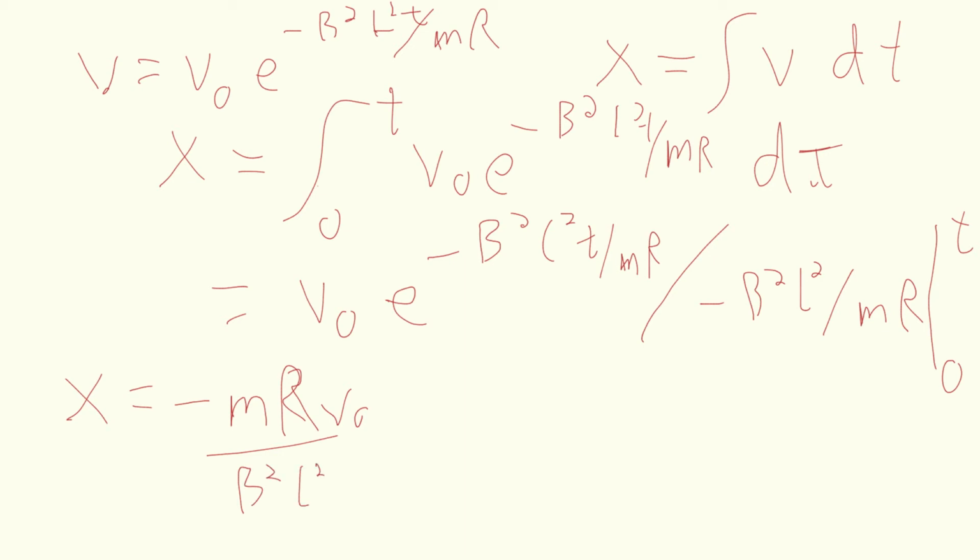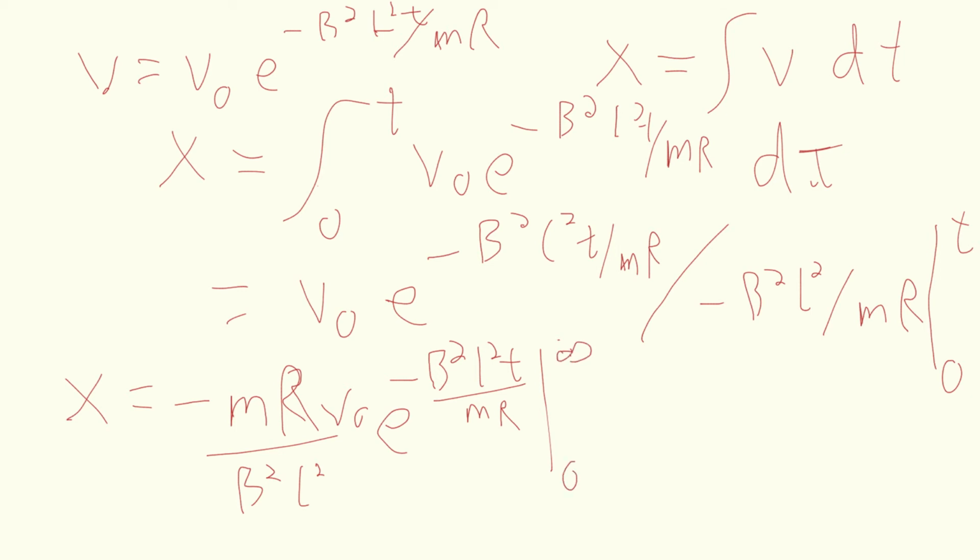That's going to be on the bottom there. And then we're going to have e to the negative B squared L squared t over MR. And again, we've not evaluated it from, basically we're going to evaluate it from 0 to infinity.